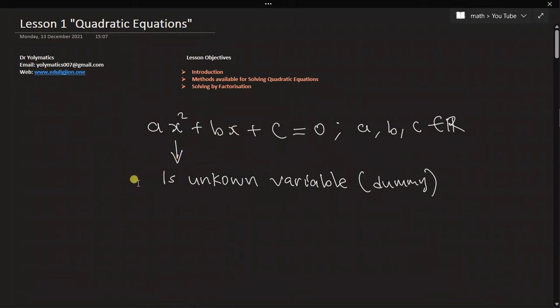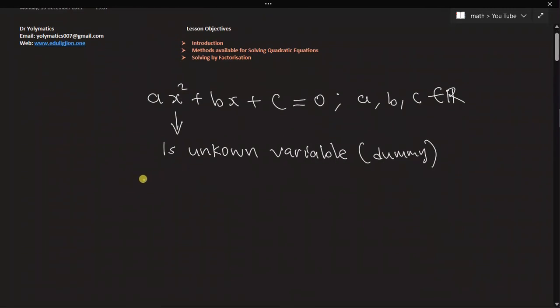So these quadratic equations can be solved using various techniques, and the methods that can be used are as follows.